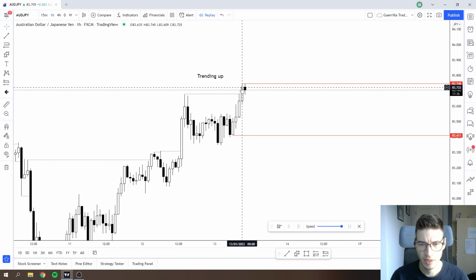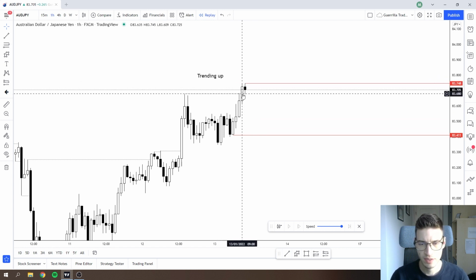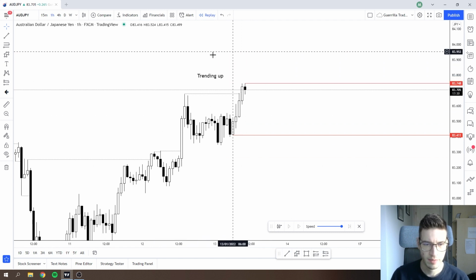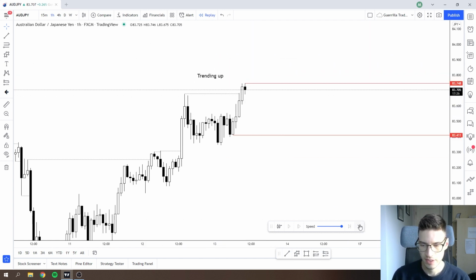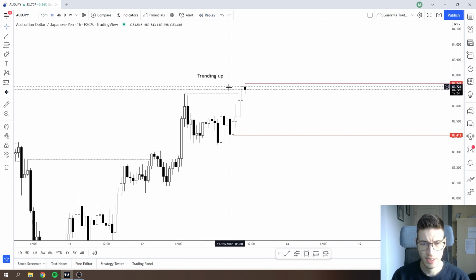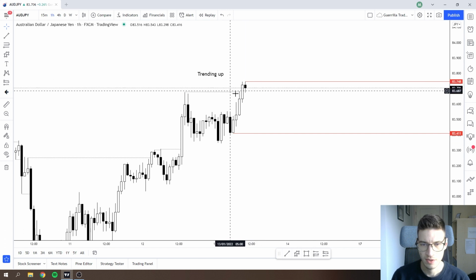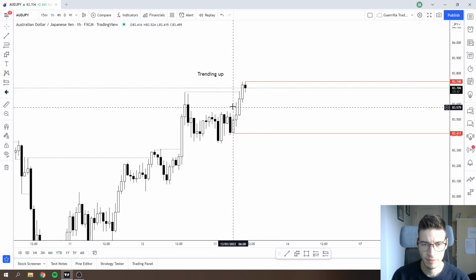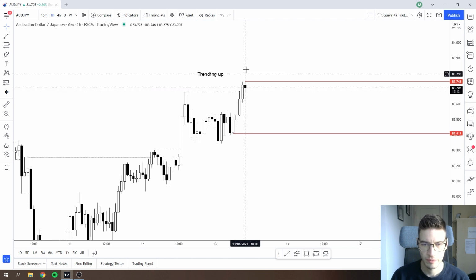So currently we broke the high, and to me we retraced. So we are trending to the upside. I do classify this as trending to the upside because you know that the Aussie and the Japanese yen likes to trend correctively. But this is not enough for me to look for a long trade because I'm seeing this smaller range and I want to see more of a push when we break the high.